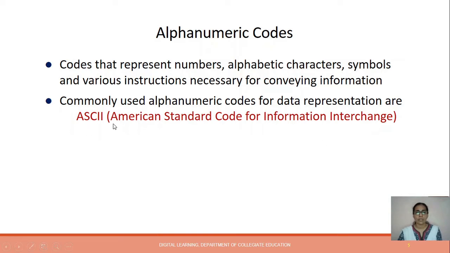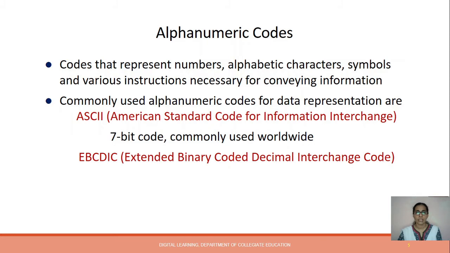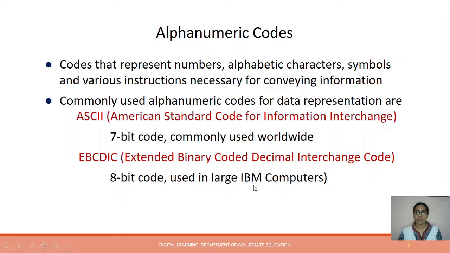ASCII stands for American Standard Code for Information Interchange. This is a 7-bit code commonly used all over the world. The next alphanumeric code is EBCDIC, Extended Binary Coded Decimal Interchange Code. This is an 8-bit code used in large IBM computers.